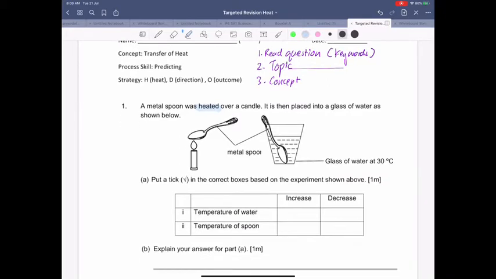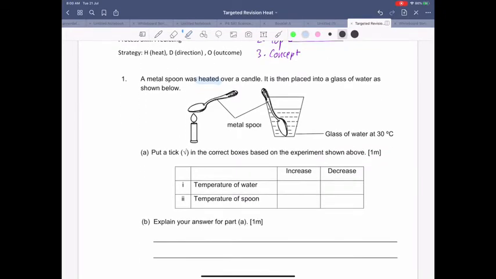Then the next thing is that you see the words increase and decrease in temperature. This will give you a good idea that there is a change in temperature. In order for something to change temperature, whether increasing or decreasing, there must be a transfer of heat, right?